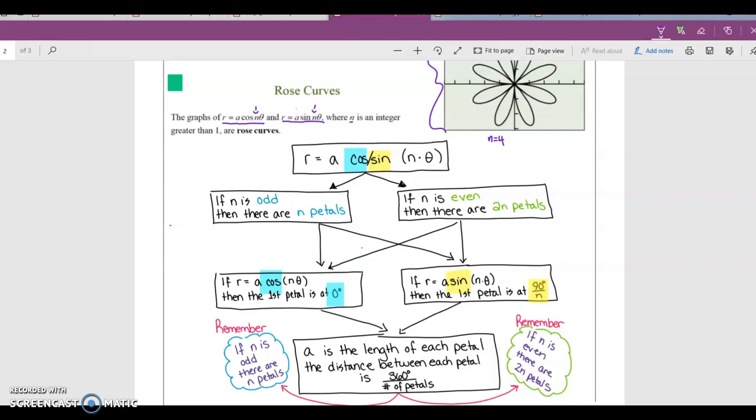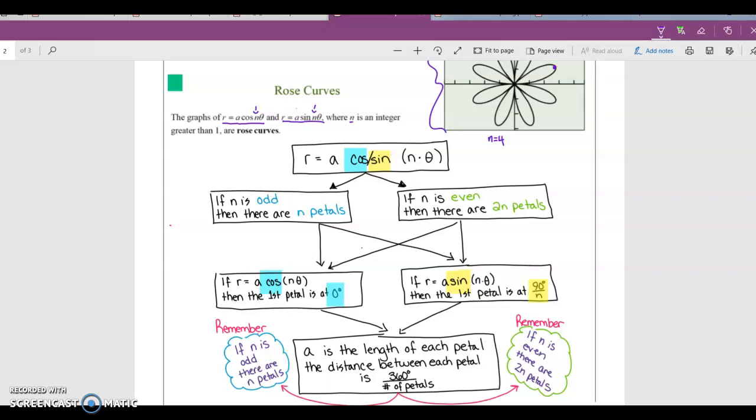We've established that. Next thing to do is see if we have cosine or sine. If you have a cosine function, the first petal is going to be at 0 degrees, so it will be on the x-axis. They're talking about the tip of the petal right here. However, if r is equal to a times sine of n theta, then the first petal is at 90 divided by n.